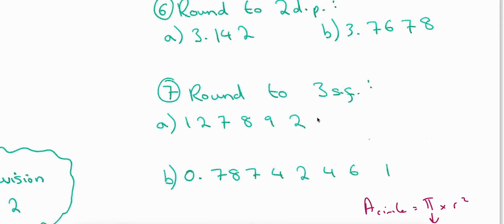Okay, next one, round to 3 significant figures. So here we have got, I'm doing question 746 here, but I don't worry too much. 1, 2, 3, draw the line. The 8 is going to influence now, so it's going to make the 7 go up to an 8. These ones now become 0, 0, 0, so 128,000.